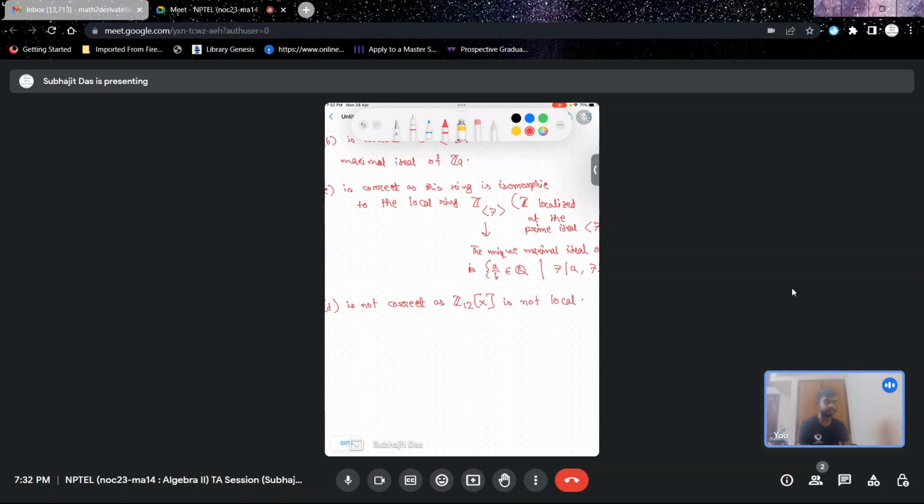So let's say you can just take the ideal generated by 6x minus 1 or something. Maybe you can just take the ideal generated by 6x.